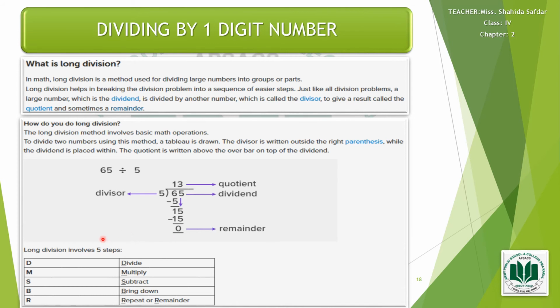Students, long division involves 5 steps. These steps are: the first is divide, the second is multiply, the third is subtract, the fourth is bring down, and the last is repeat or remainder.